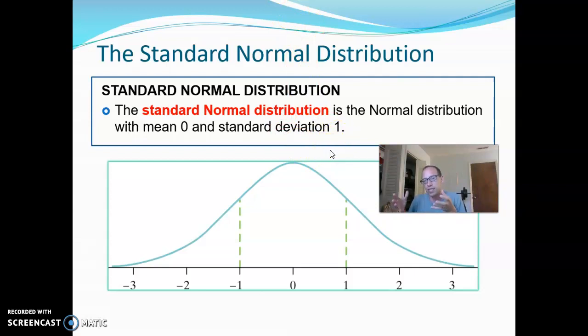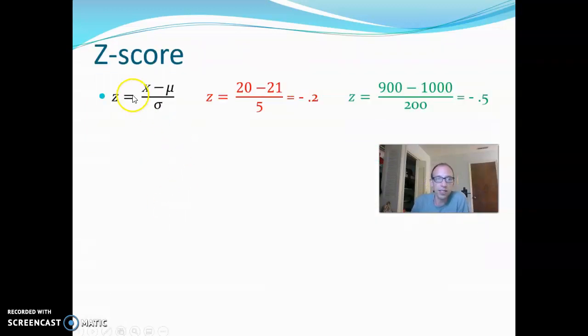So the idea is we want to take any normal distribution and convert it to standard normal. This is also called the Z-score distribution. You may have heard of Z-scores before. That's what we're going to be looking at next. So a Z-score, really what you're doing is you're taking any score and you're seeing how far away from the mean it is.